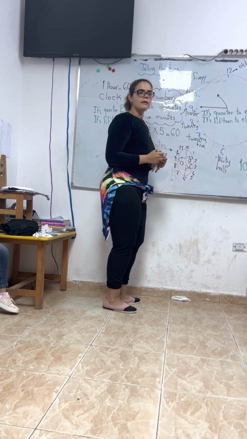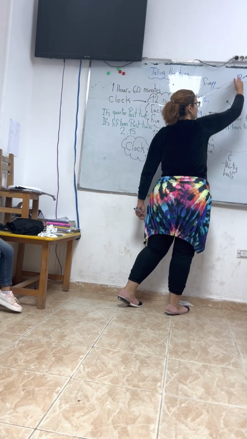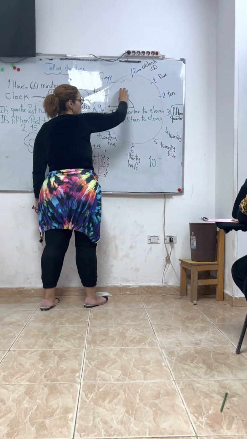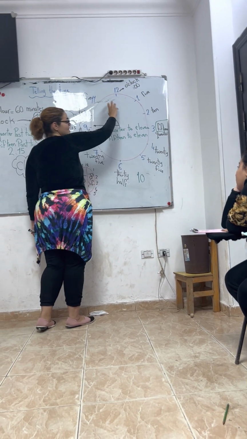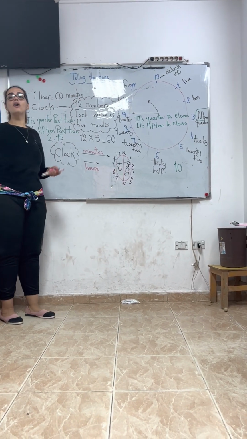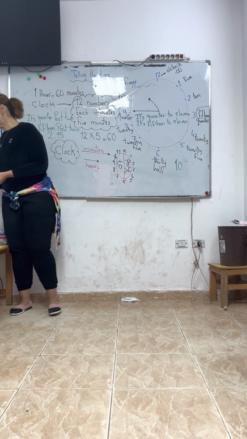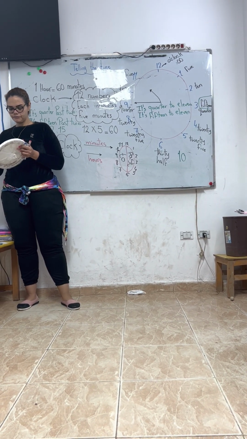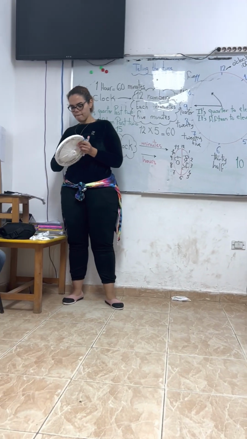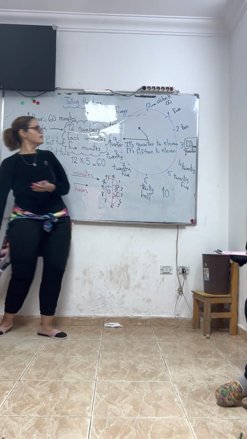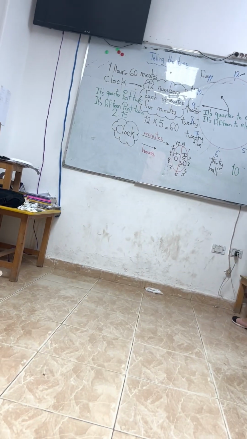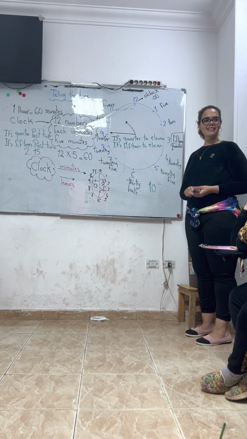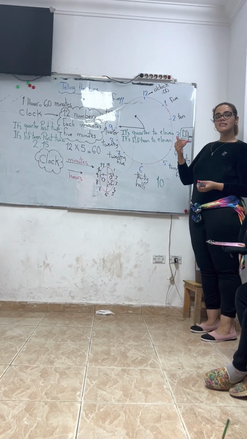So I'm going to write it that way: 10. Why? Because here, this is 11, but it doesn't finish the whole hour. Let me read this. Okay. So here, guys, if I wanted to write this time by numbers, you have to add the minutes and decrease the hours.